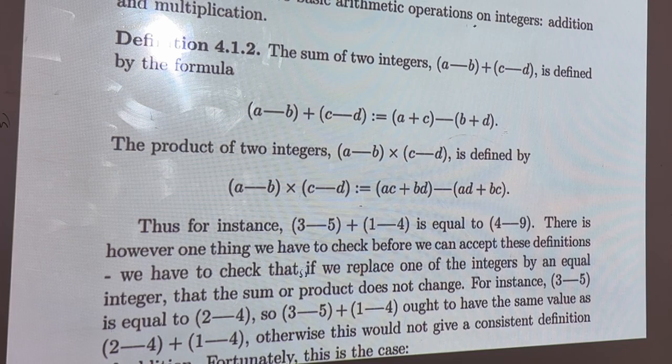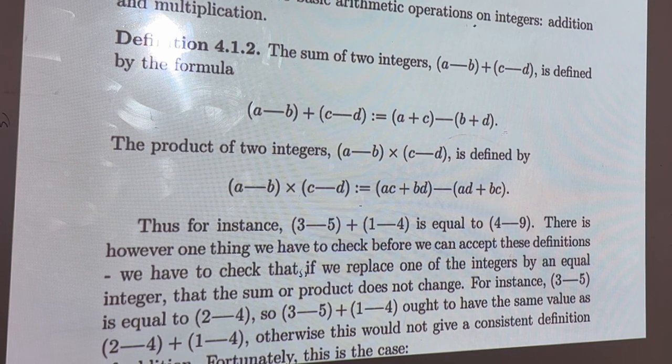There is, however, one thing we have to check before we can accept these definitions. We have to check that if we replace one of the integers by an equal integer, the sum or product does not change. If it is well defined, we must be able to do so.